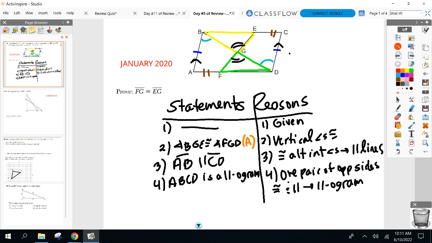Okay, yeah. I got you. So you're saying EBG and GDF, right? Yep. But I can't say that until I have parallel lines. Those don't lead to these. Look, you see the ones you're giving me here? They're not formed by these here, are they? What lines are they formed by?